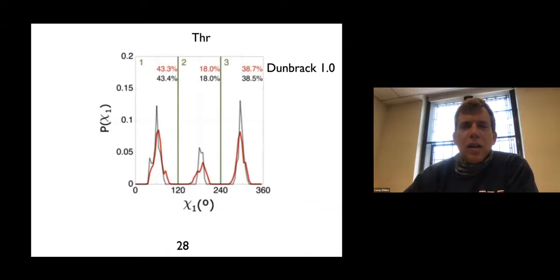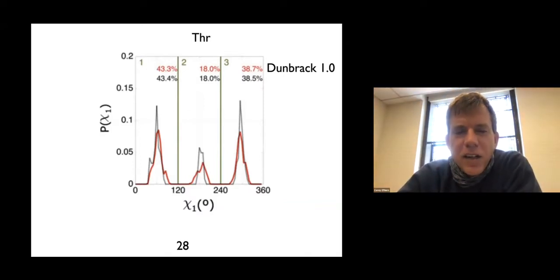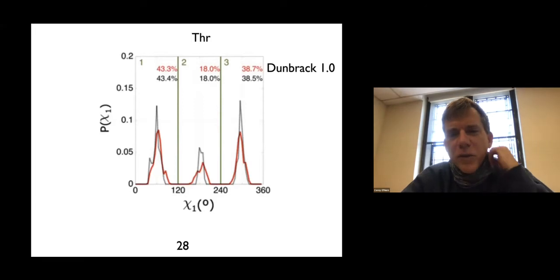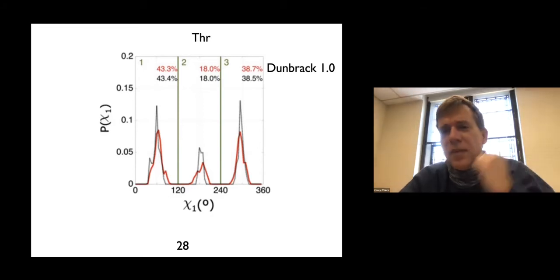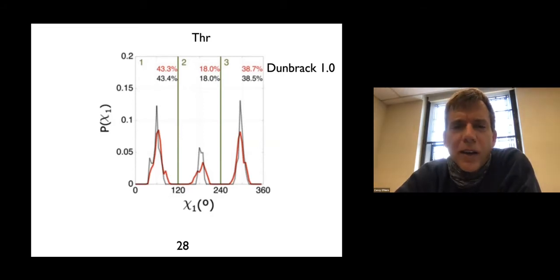And so a hallmark of side chain dihedral angle distribution, so this is for threonine, where you just have one side chain dihedral angle, is that they're called rotameric. So rotamer means you're going to rotate through the side chain dihedral angle possibilities, but there are typically 3 possible values.